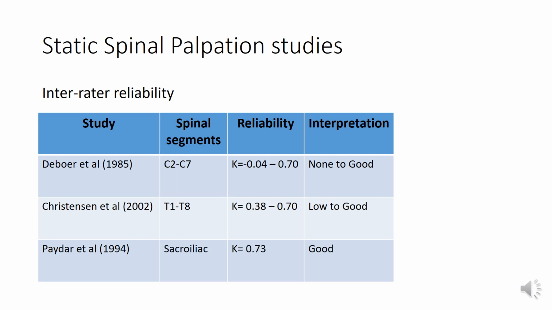Again, we observe that the reliability figures get better as we move down the spine. And again, I'm telling you that there are studies which suggest the opposite. Another thing you can see here is that the reliability figures are extremely wide and broad, which means that there are probably many factors that can bias inter-rater reliability.